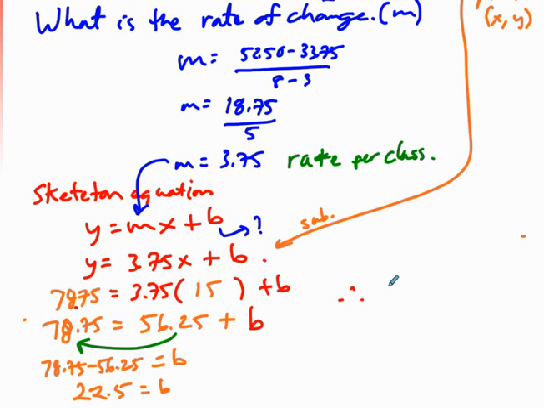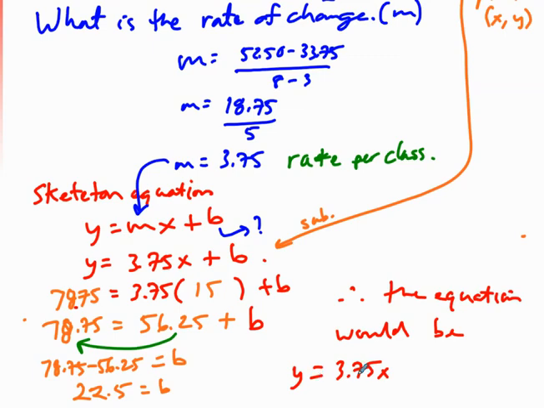Okay, therefore the equation would be, well, we had y equals, the m is the 3.75, that didn't change. And our x we leave as x. So y and x stay the variables because they change all the time.